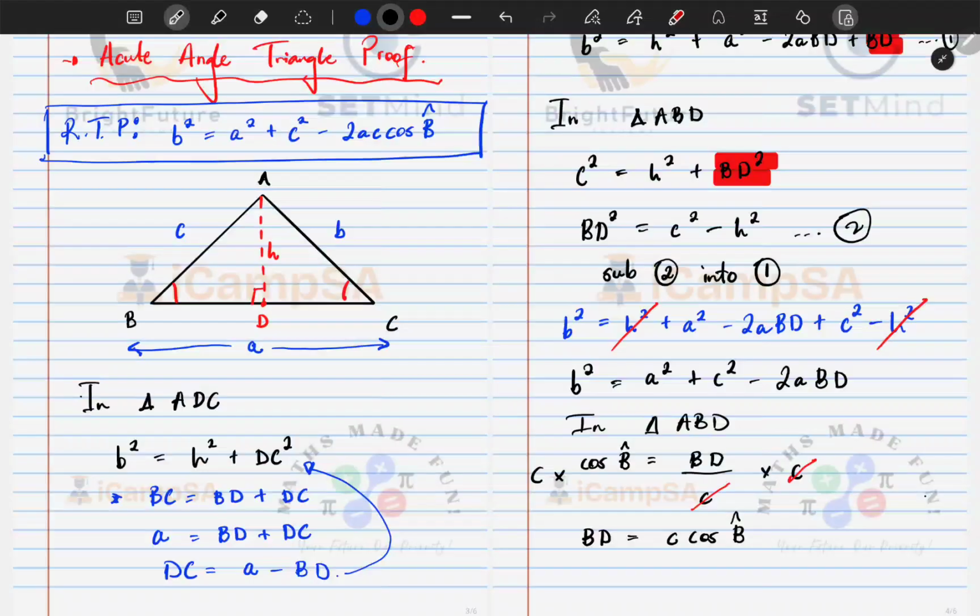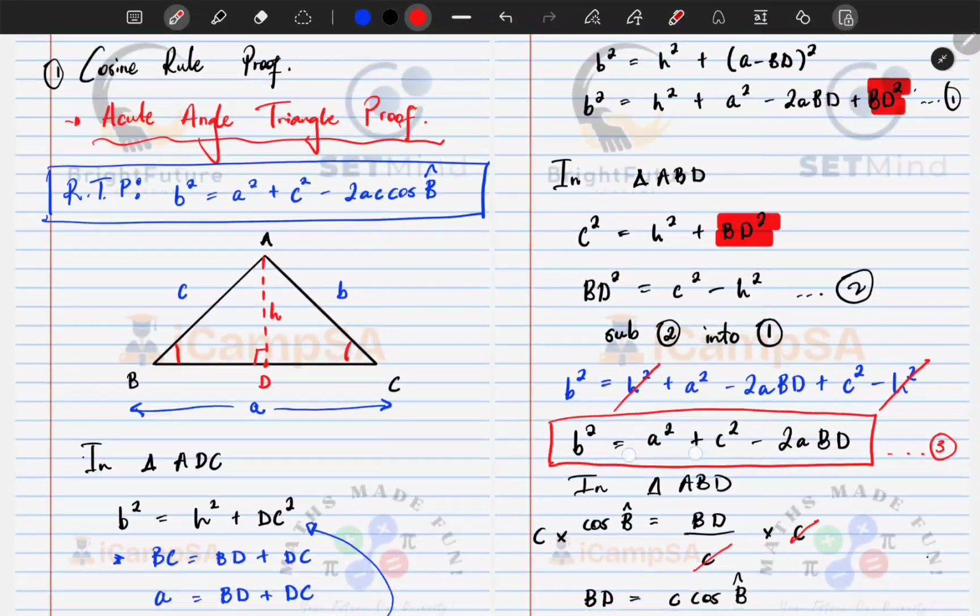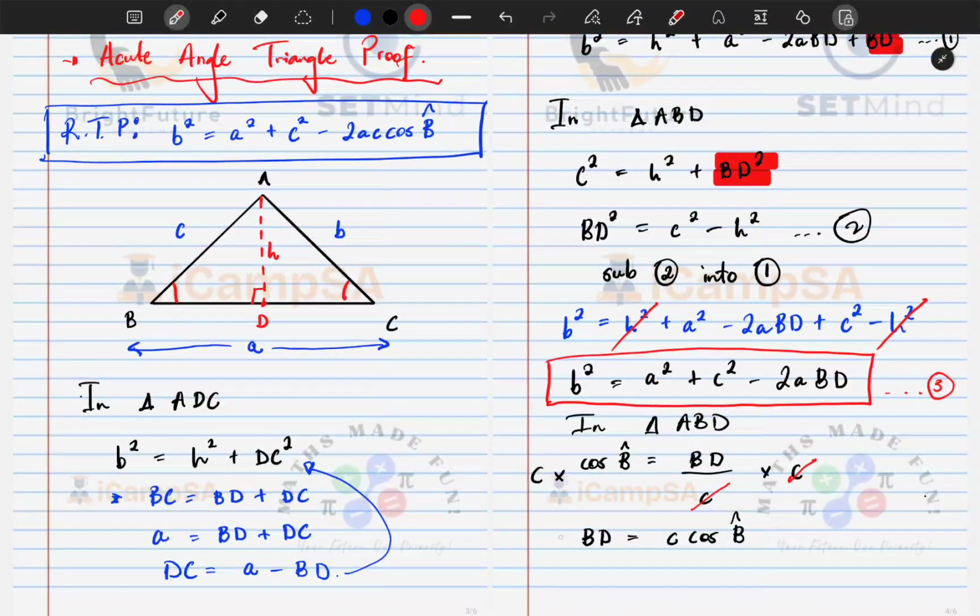And then now I have this, right, which I can easily call equation 3, and then I can call this equation 4, right?